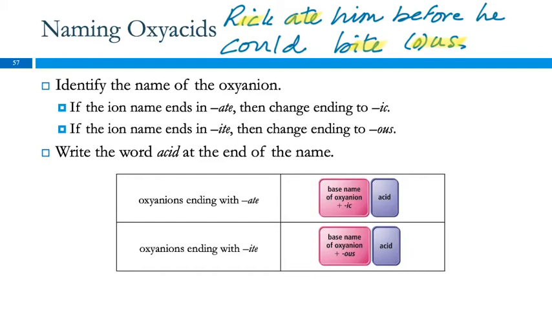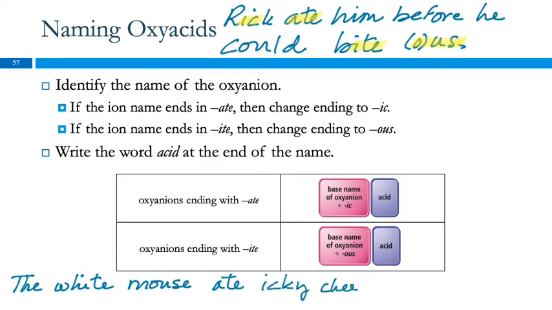Another one that a lot of students use involves a mouse. The white mouse ate icky cheese. Same idea here. Ate icky, white mouse. Okay. So ite and us go together, ate and ick go together.